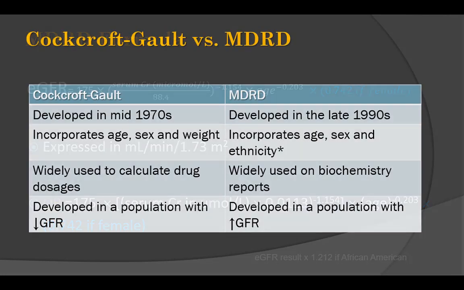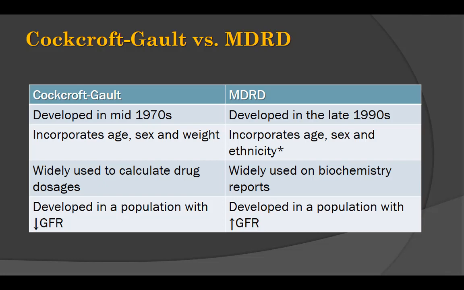All right. This one is widely used to calculate drug dosages, and this one is more commonly used in biochemistry reports. Most of the clinical biochemistry labs, when they measure serum creatinine level and report the estimated GFR, most commonly use the MDRD formula.